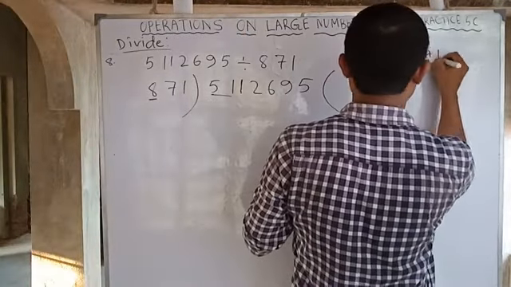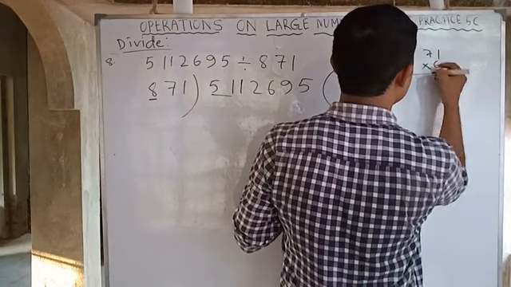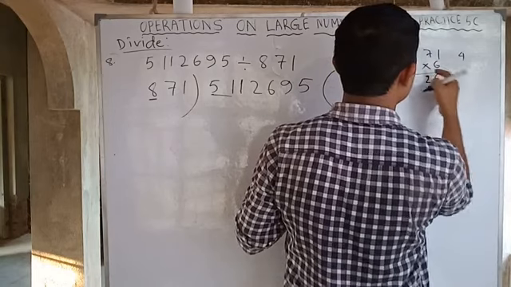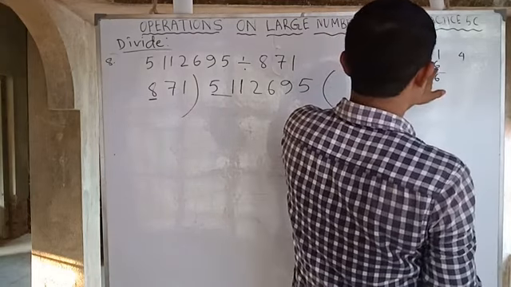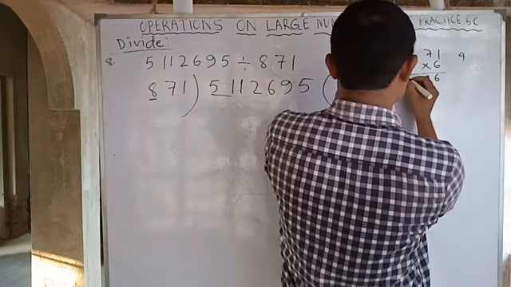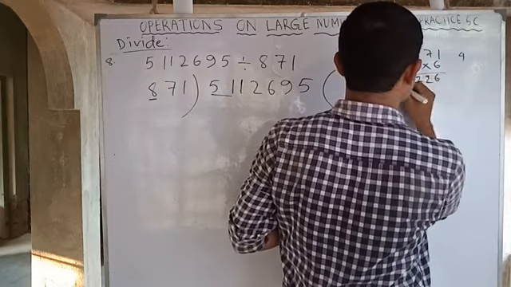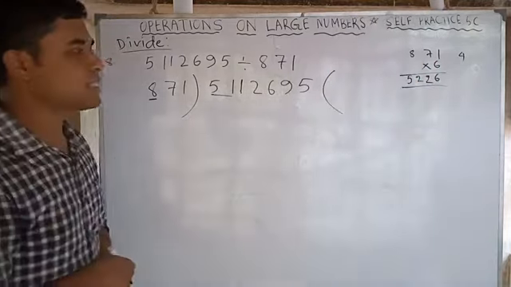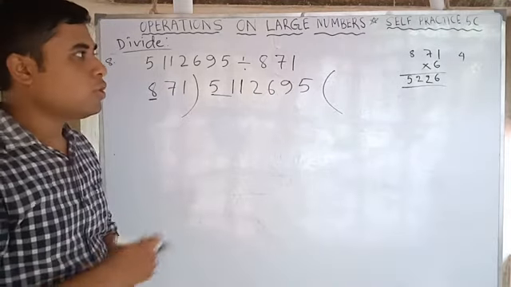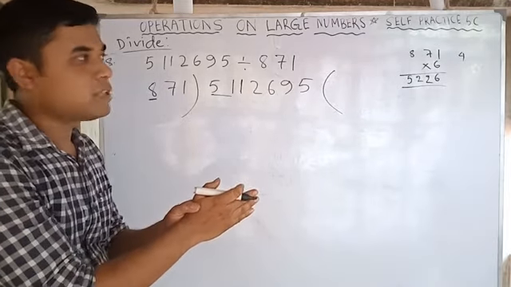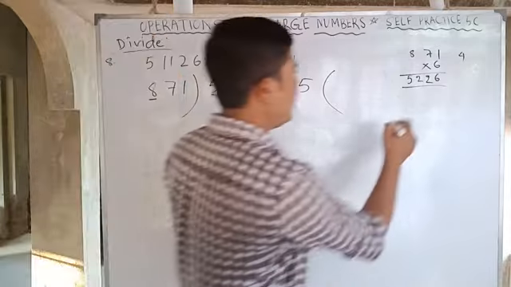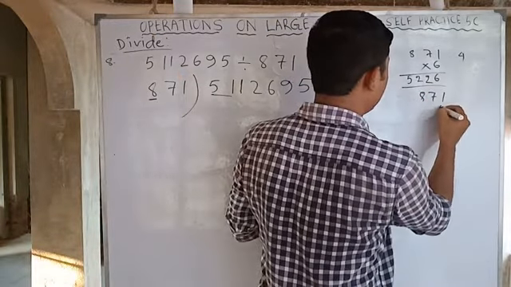So 871 into 6. So 6, 42, 2 carry 4, 48, 48 and 4, 52. It is greater. Okay, so just move back. Okay, let me check for 5. So 871 by 5.